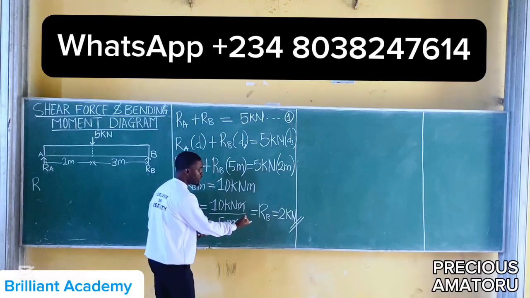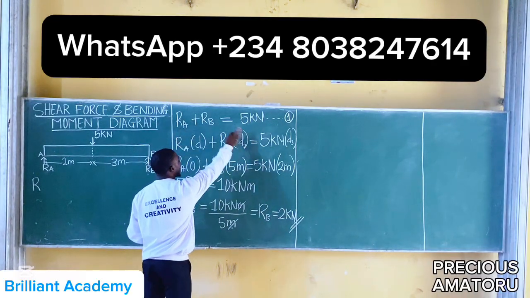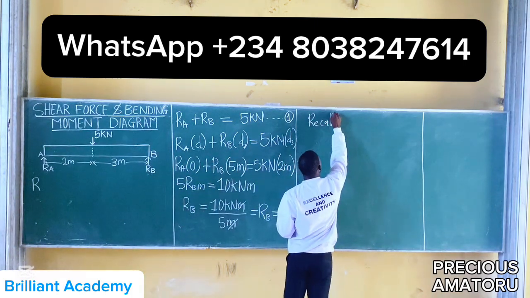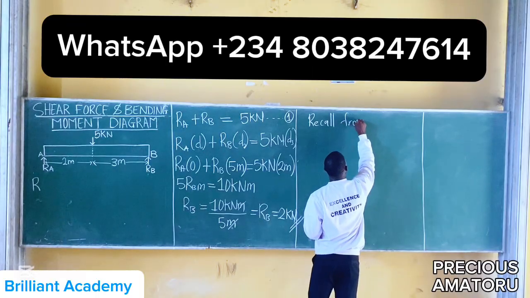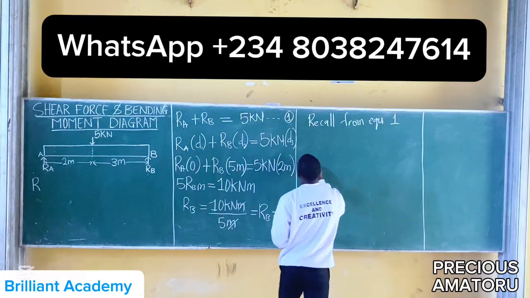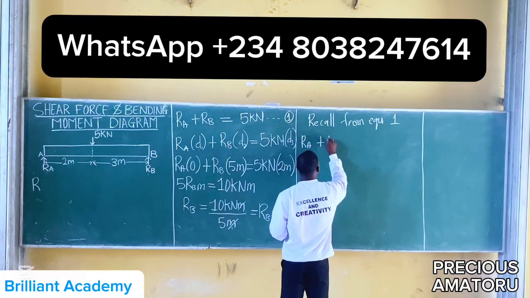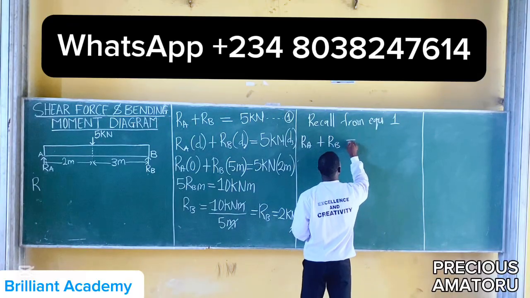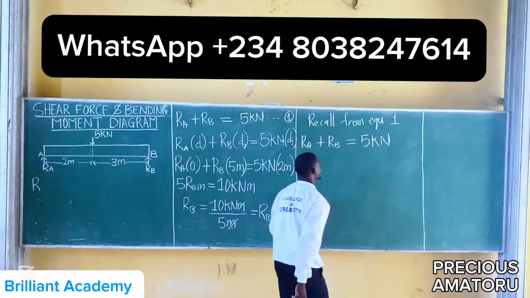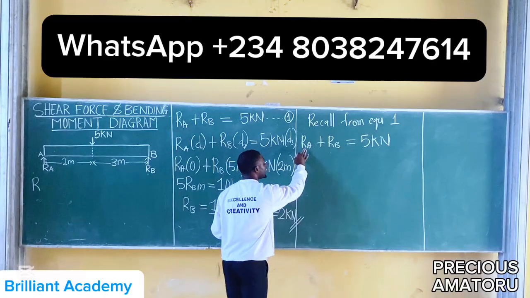Alright, so since we've gotten RB, let's bring back our equation 1. So recall from equation 1, we have that RA plus RB is equal to 5 kilonewton. And we've gotten the value for RB, so we can use it to find RA.